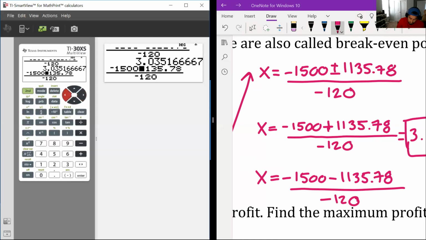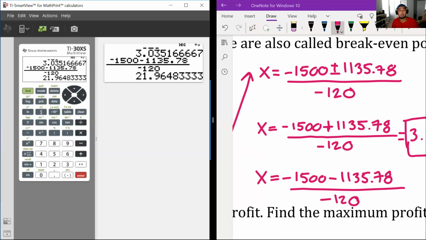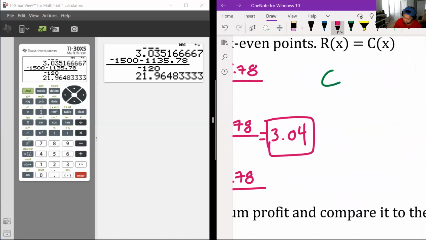No, I'll make it minus 1135.78. There we go. Negative 1500 minus 1135.78. Enter. To 2 decimal places, 21.96.